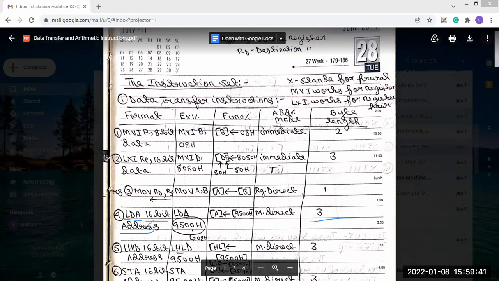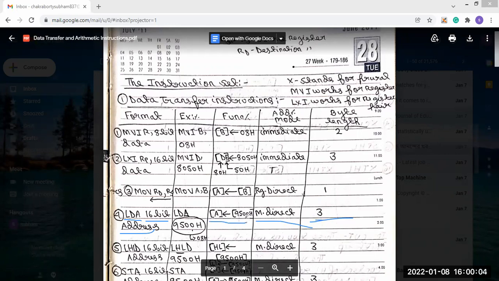So if a memory location is associated, then we can directly say this is the memory direct operation. An example is LDA 9500H, where a 16-bit memory location is given. That's why it is memory direct, and the byte length is 3.